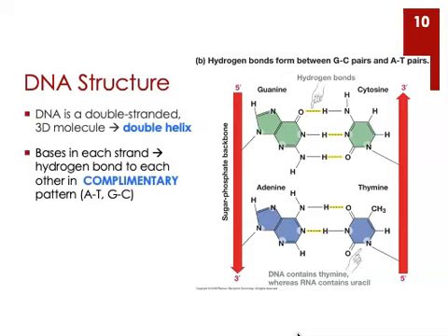So oftentimes when we're drawing DNA, we just leave those structures out, and instead we draw what we call the sugar phosphate backbone.